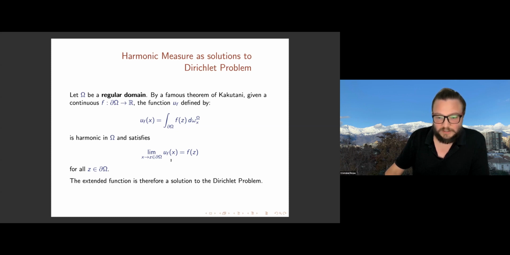So this is a solution for the Dirichlet problem, the extended function, including the boundary.